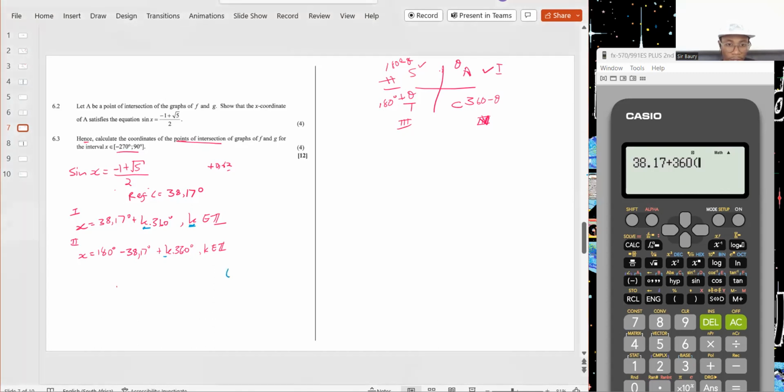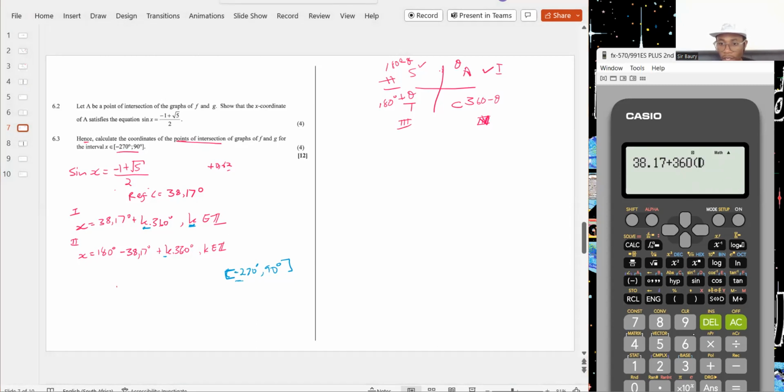The interval is between -270 degrees and 90 degrees, so I'm looking for values within this interval. Let me substitute firstly -1, a number below 0. I'm going to get 320. It's not within the interval, so I'm going to ignore the value.